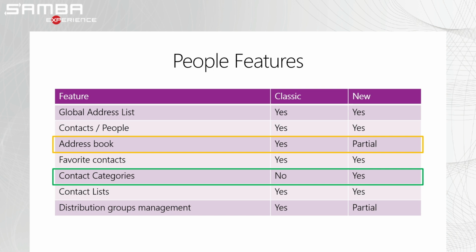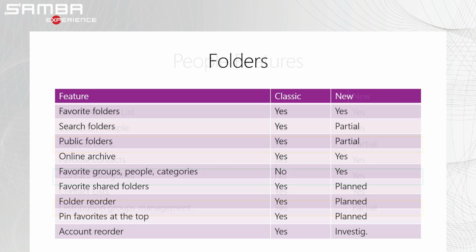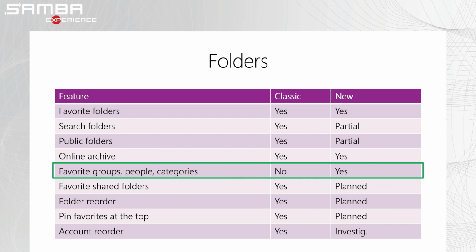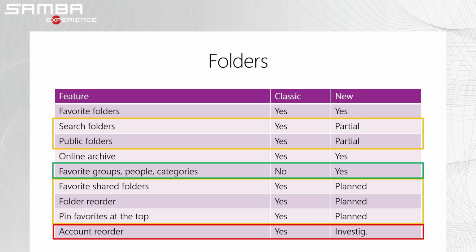Favorite contacts and contact lists as well. And distribution groups management, it's implemented in both, but in different ways. Folders. Classic Outlook has more advanced implementation with some features that are unique to new Outlook. And feature parity is coming, and it's coming soon.